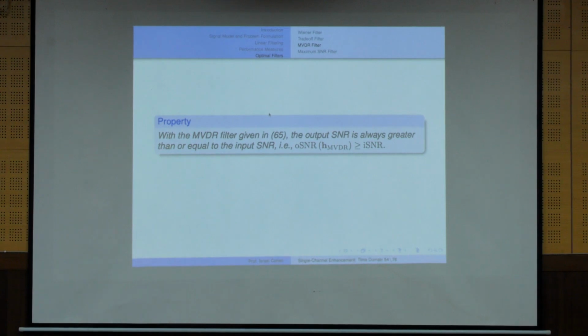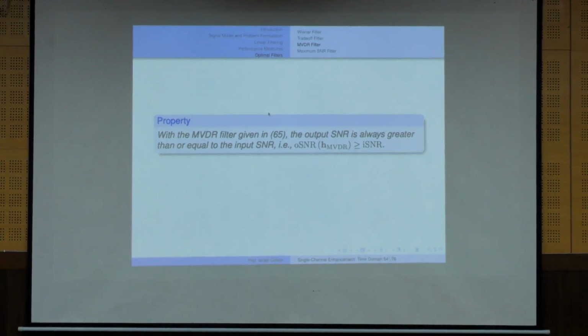What we see here, you can think that because the MVDR filter reduces less noise, maybe the output SNR can, in some cases, be lower than the input SNR. But actually, I can convince you that this is very easy to prove.